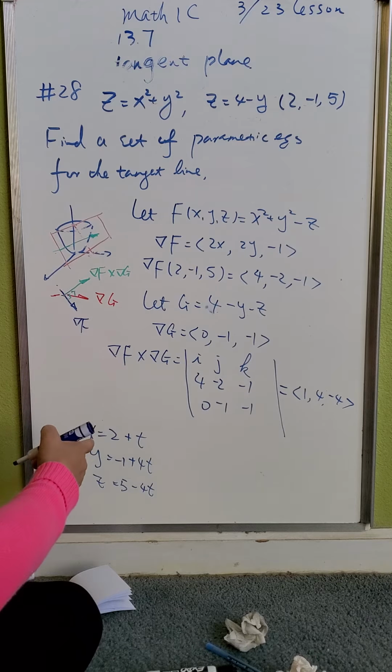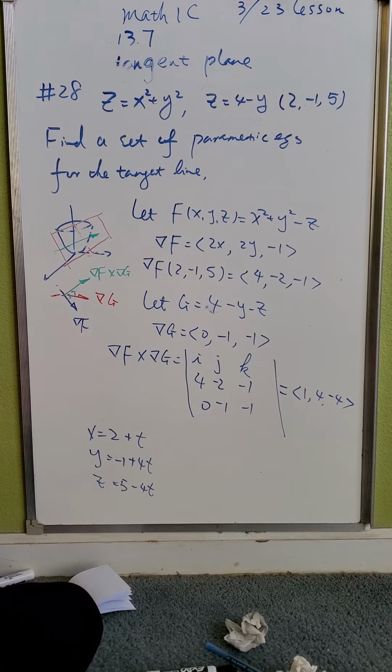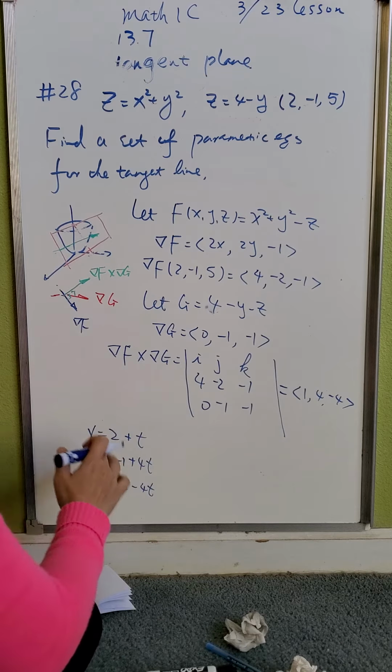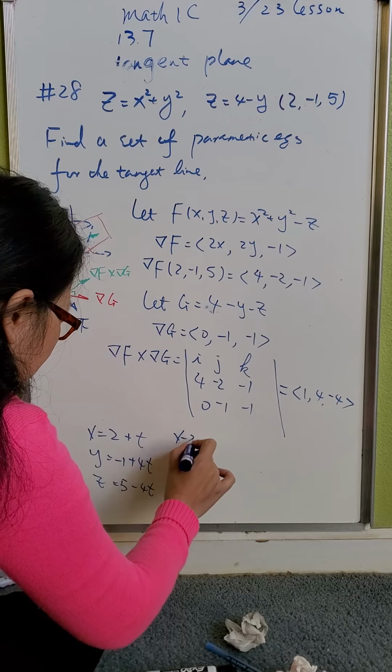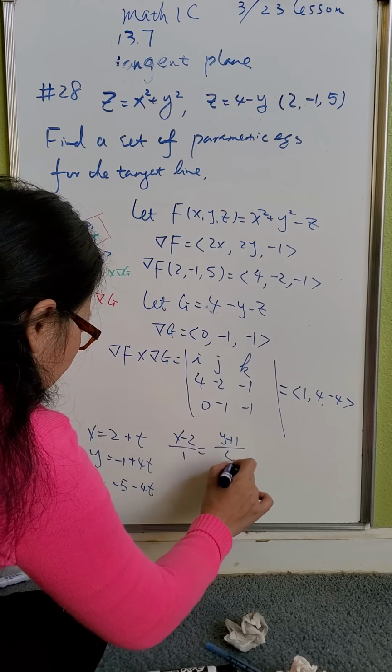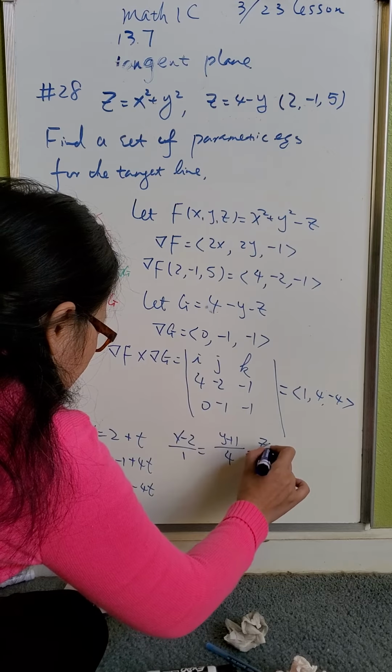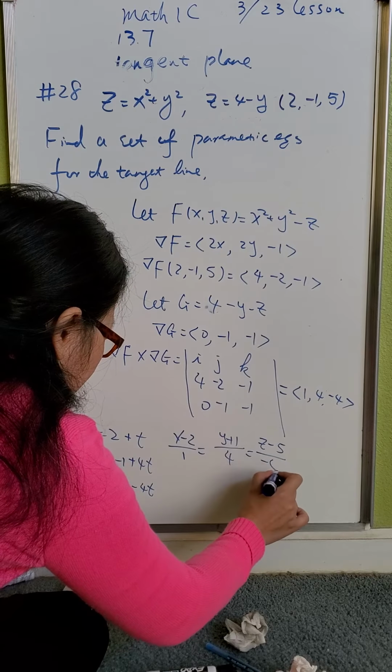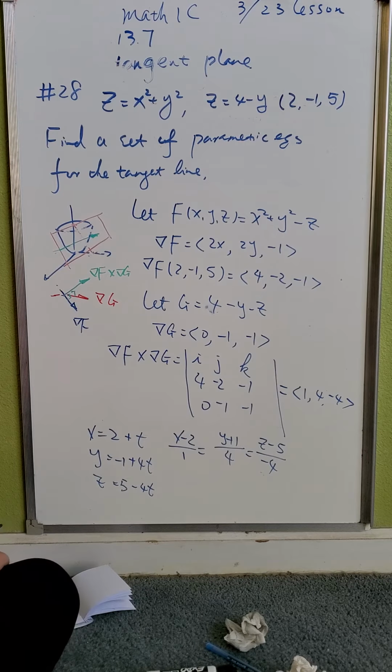You can also do the symmetric format, that's up to you: (x minus 2) over 1 equals (y plus 1) over 4 equals (z minus 5) over -4. So that's for these problems.